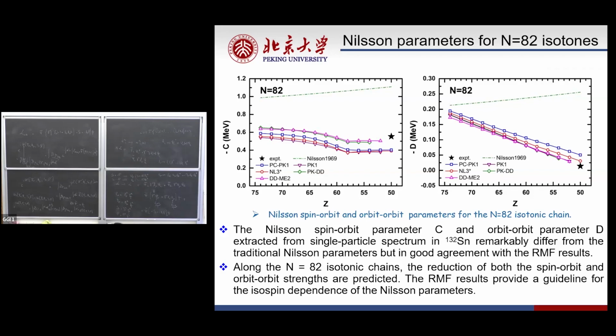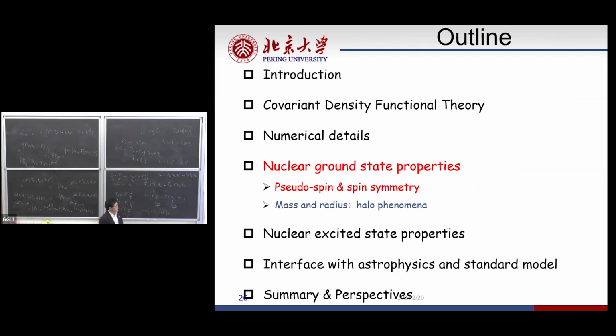So you see, even though we don't include the single particle level when building the relativistic density functional, what we obtained is really impressive. And if you extract the single particle level from the data, it could agree. Therefore, we can go a step further.